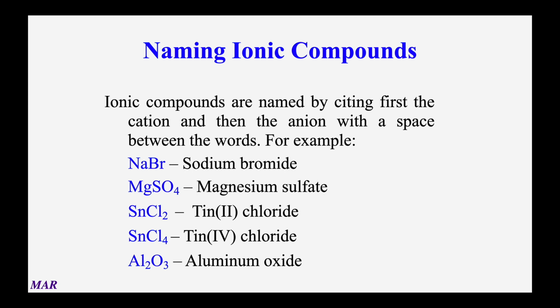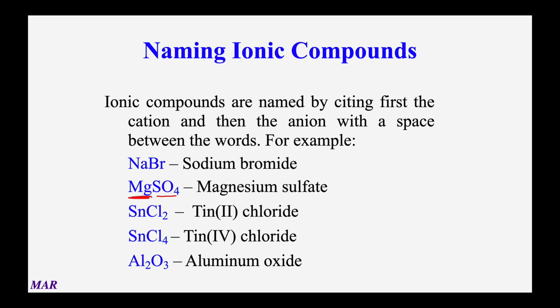So NaBr would be sodium bromide, and that formula makes sense now because sodium is a +1 cation and bromide is a -1 anion. The next one is magnesium sulfate. Magnesium is a +2 metal, and sulfate is a -2 polyatomic ion. So they come together 1 to 1 like that, magnesium sulfate.